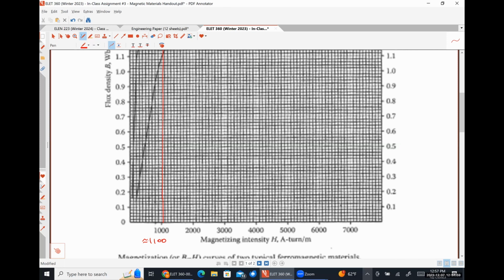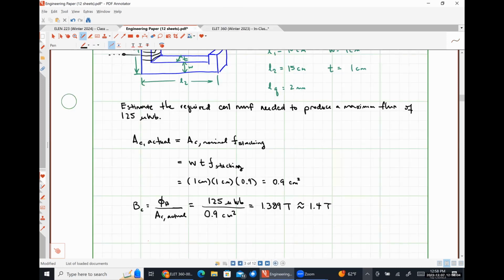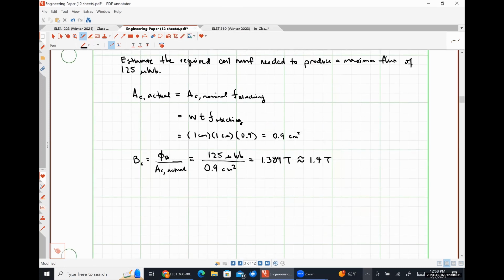So using our magnetization curve, we can say that H in our core is approximately 1100 amp turns per meter.